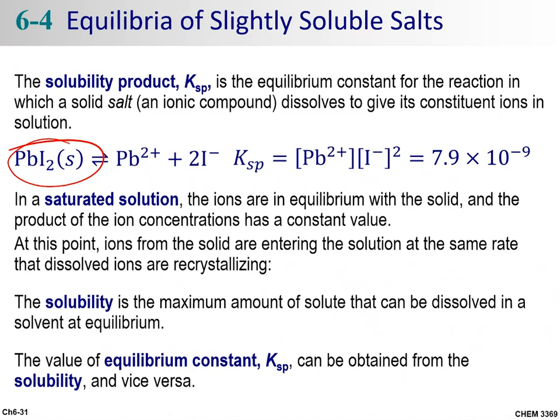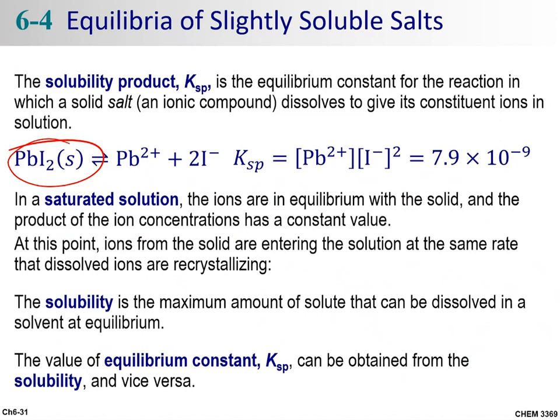It dissociates into lead 2+ and iodide ions. And the equilibrium constant for this reaction is called the solubility product. Okay, because the reactant is solid, it does not appear in the equilibrium expression. So we have only the concentrations of the ions in this expression.